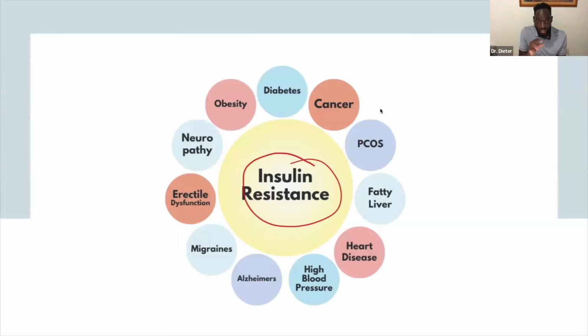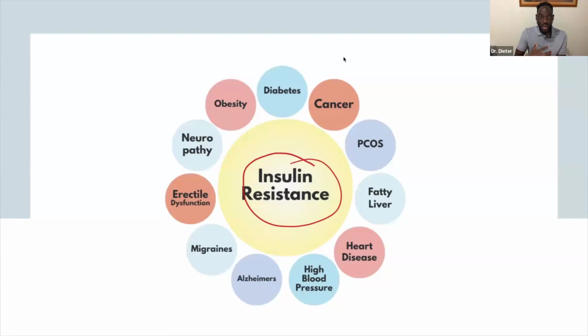Guys, 10 to 30% of cancers are genetic, bad luck. There's nothing you can do about it. The other 70% of cancers, modern day cancers, are the result of insulin not working well. It means that 70% of the cancers we have today are preventable. You have your fatty liver, heart disease.